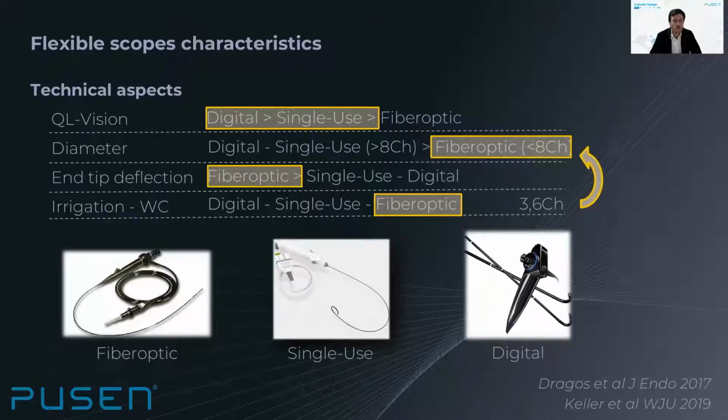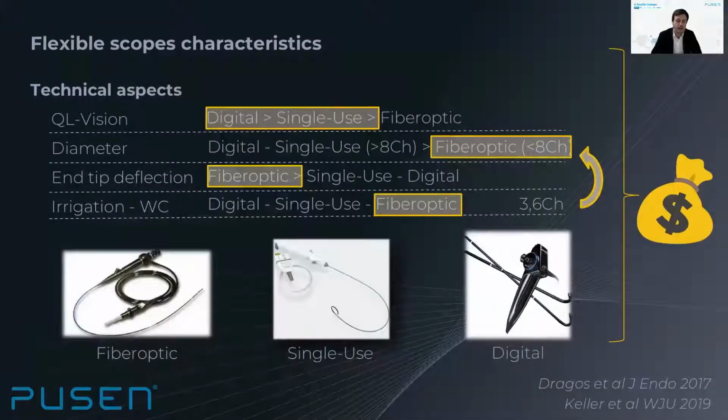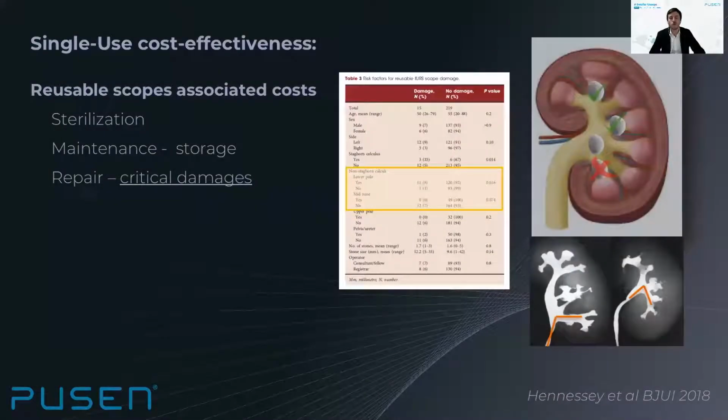So according to those technical aspects, we will base the decision to use one type of scope or another for a concrete surgery. But also, this decision must be made according to the cost of the procedure. According to the literature, the costs associated with the flexible scope are related to the sterilization process, the storage, and the repair of the scopes after critical damage during surgeries.